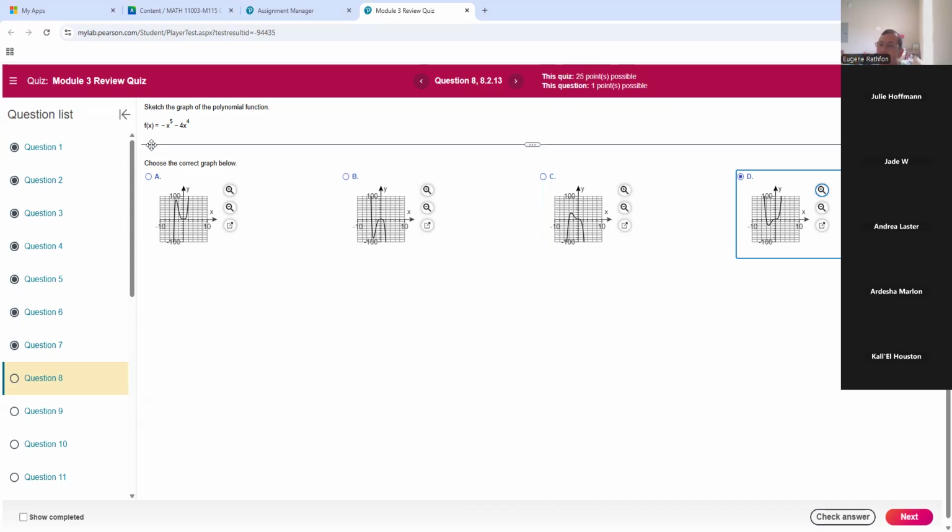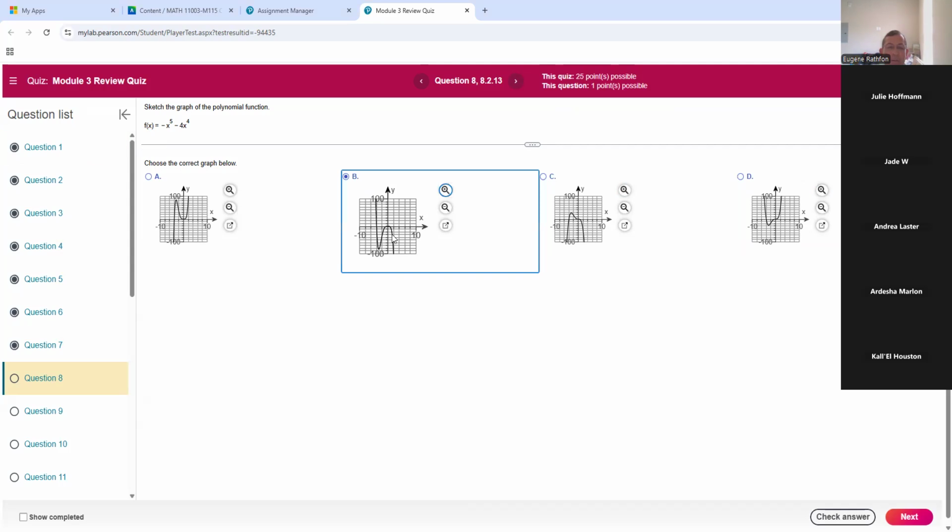You got an odd degree of 5, a negative lead coefficient. So when it was an odd degree and a negative lead coefficient, that thing went downhill left to right. And y'all, the only graph going downhill is B here. See how it sort of goes downhill, got a hump and then goes downhill. Okay? So really, these few graphs here were basically going off of our chart that we made, okay?